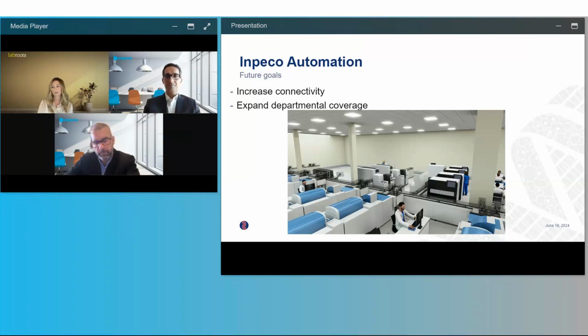The folks at Inpeco are very, very good at understanding and designing solutions for that. But that's probably been the single largest challenge for us, is making sure the middleware and the LIS and the software within the track system are all working properly, passing the information properly, and coordinating.